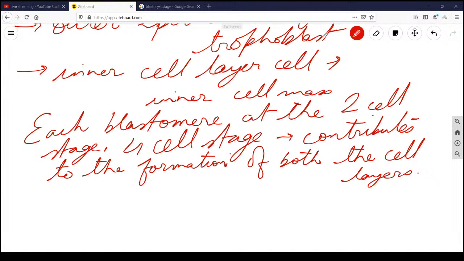So keep it in your head perfectly. This is the inner cell mass and the trophoblast.